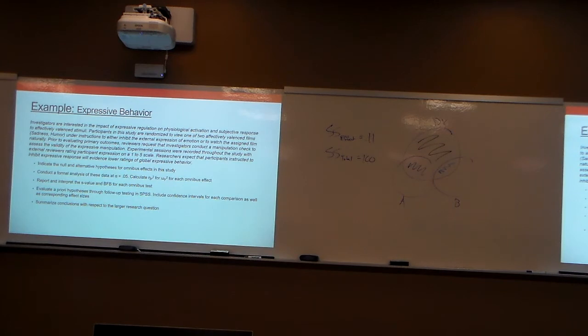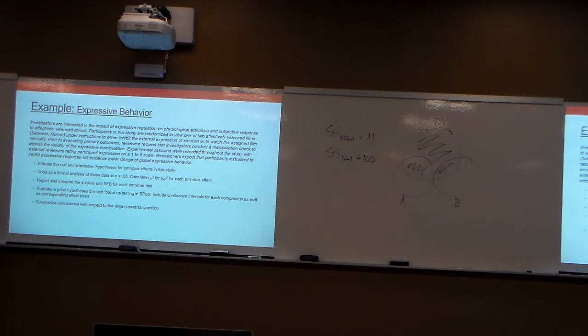So what we're going to do is, luckily in this study, all their assessments got recorded, and then we had someone go through and code the behavioral expression of each of these individuals and rate global expression on a 1 to 5 rating. 1 being no expression at all, 5 being completely through the roof in terms of expression.